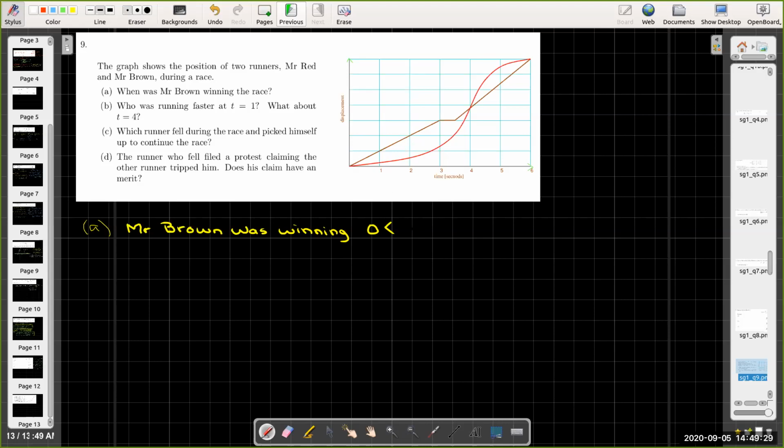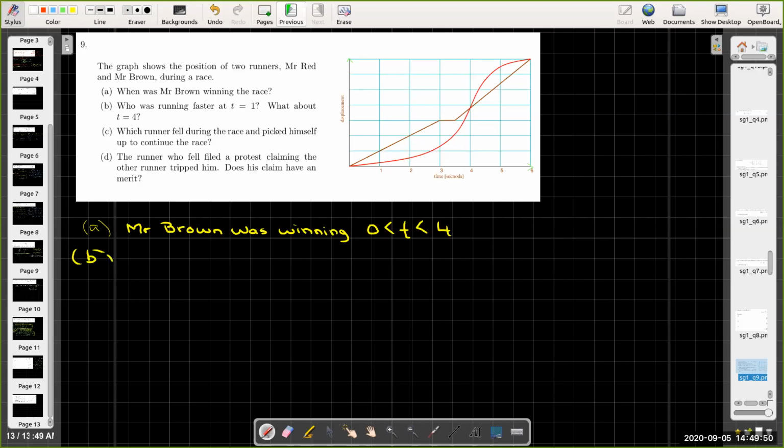So not at 0, but in time between 0 and 4, Mr. Brown has the lead. Mr. Red is a slow starter, but then he starts to accelerate.